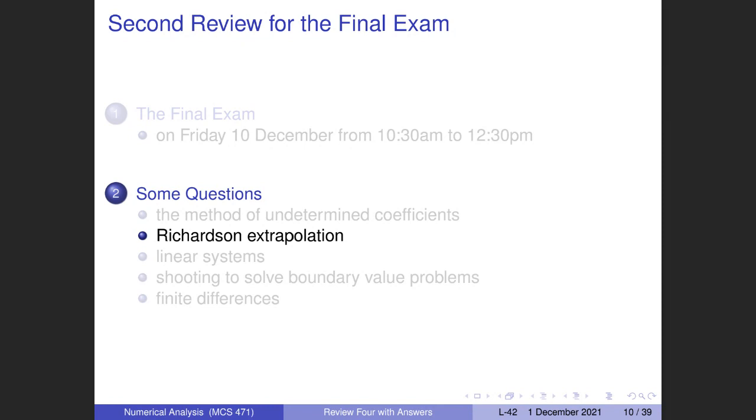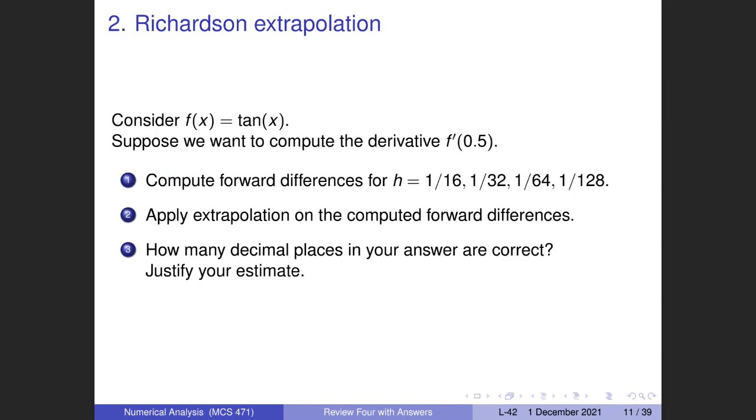Typically, if extrapolation is on a derivative, you will apply Richardson extrapolation. And if you have an integral with the composite trapezoidal rule that is slow, then you have to do Romberg integration. Here on this review, only Richardson extrapolation is used, but please review also the questions on Romberg integration.